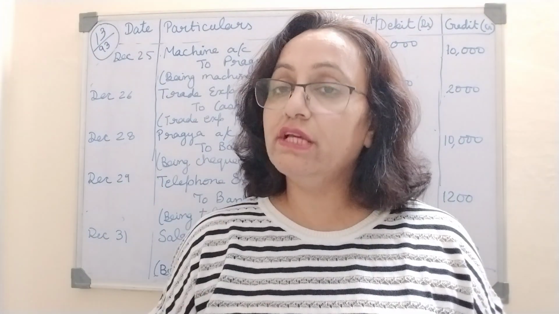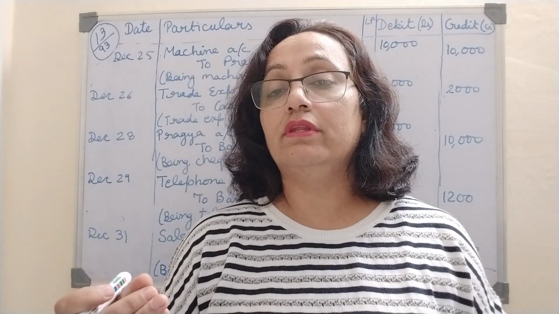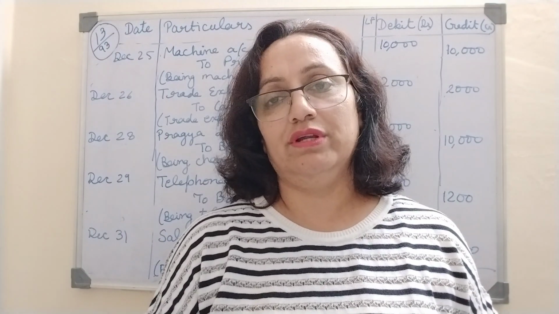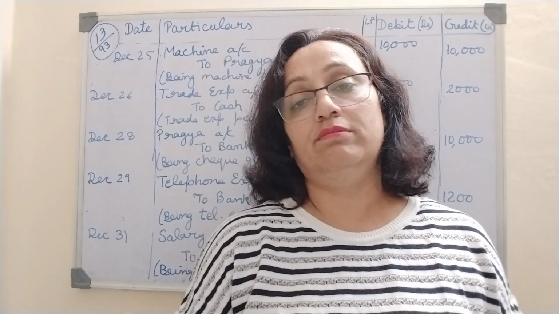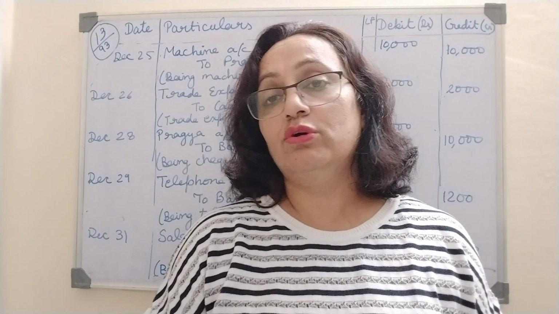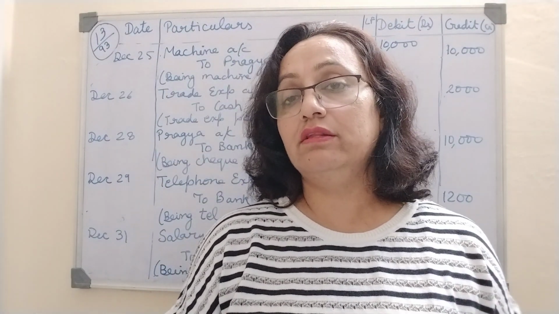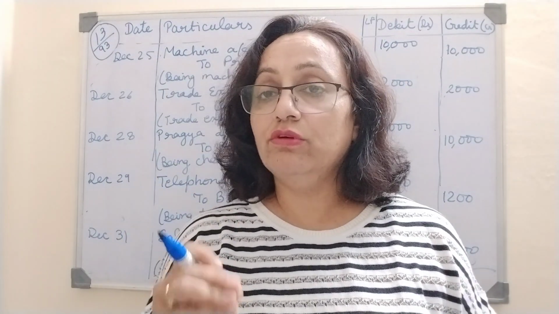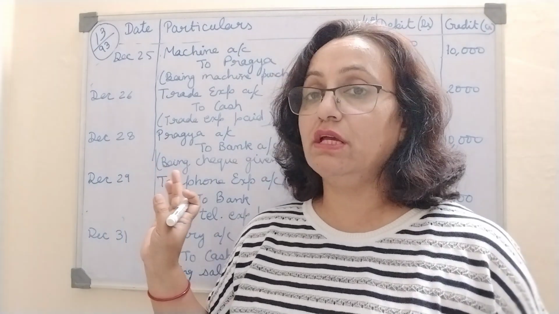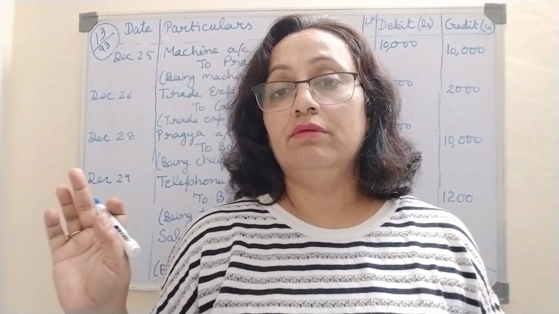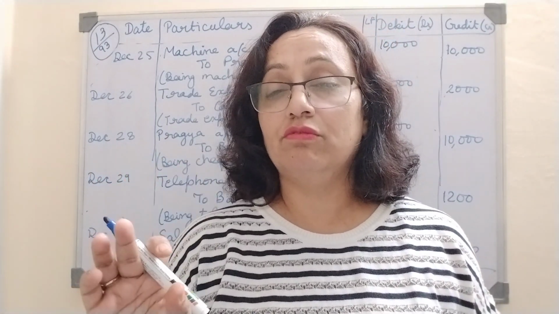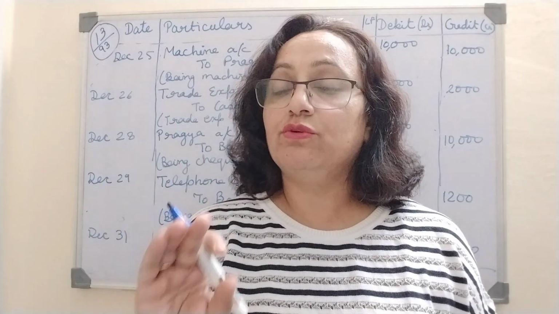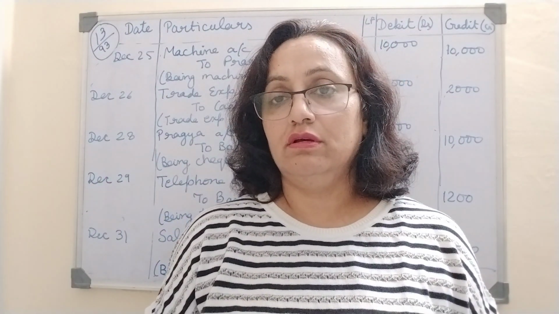Please always keep on recalling the 3 golden rules of accounting: real, nominal and personal. They are not given in your book right now. Later they will be introduced, but right now if you keep them in mind, you will never make a mistake in doing the journal entry. Please remember, accounts is very easy, very interesting, but you have to only follow certain rules, right?